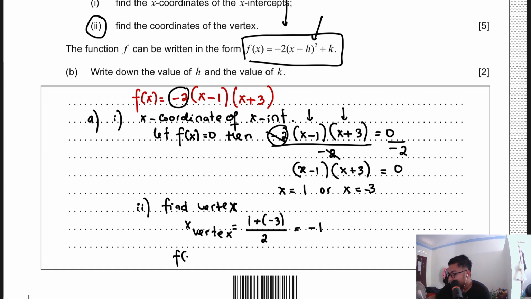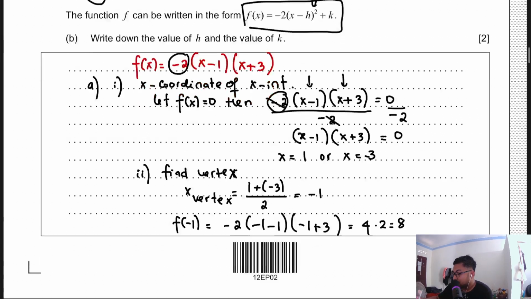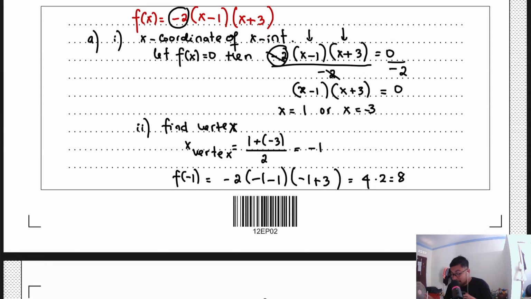So f of negative 1 is negative 2, negative 1 minus 1, negative 1 plus 3. So it's going to be 4 times 2, which is 8. So the vertex is negative 1, 8. That's it.